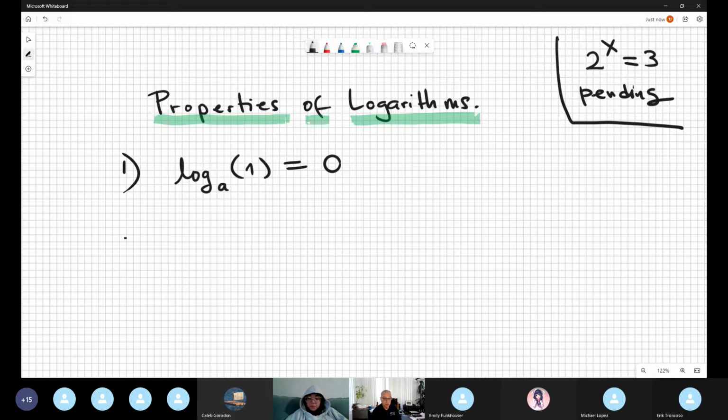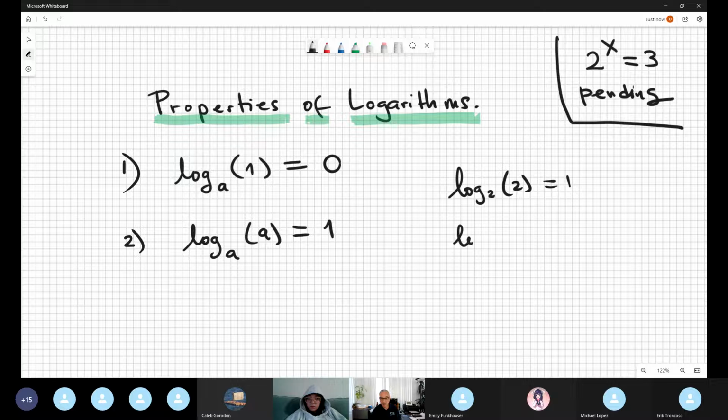Property number 2 is log of any base and a is 1. Let me try to interpret this. When the number inside the argument is equal to the base, the answer is always 1. For example, logarithm base 2 of 2 is obviously 1. Common logarithm of 10 is obviously 1 because the default base here is 10. ln of e is obviously 1.